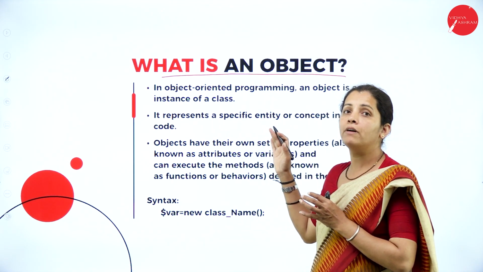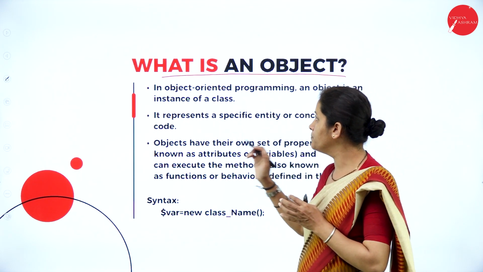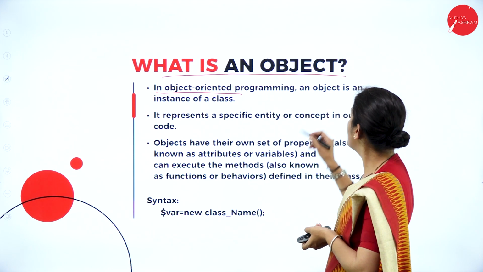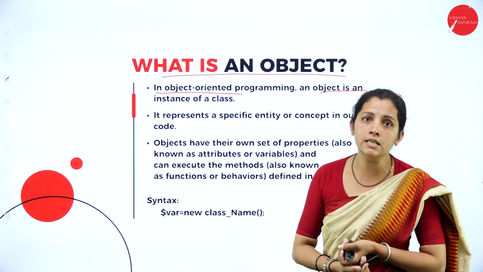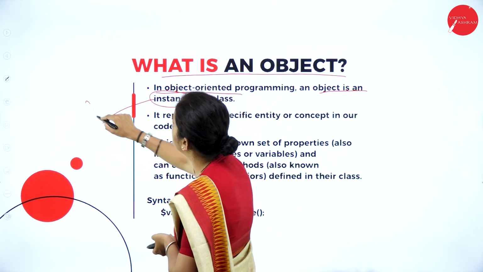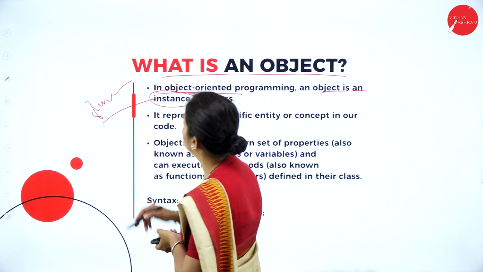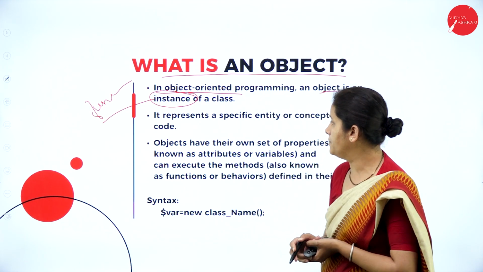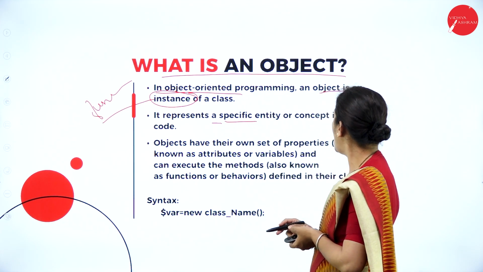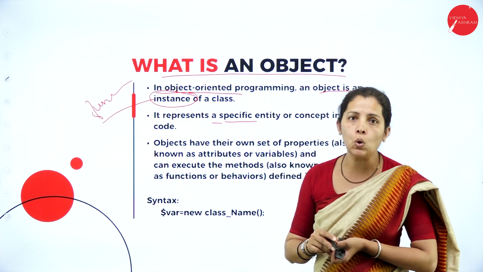So it is nothing but the functionality of a class. In an object-oriented programming language, an object is an instance of the class. What is an instance? Instance is nothing but the functionality. It represents a specific entity or concept in our code.